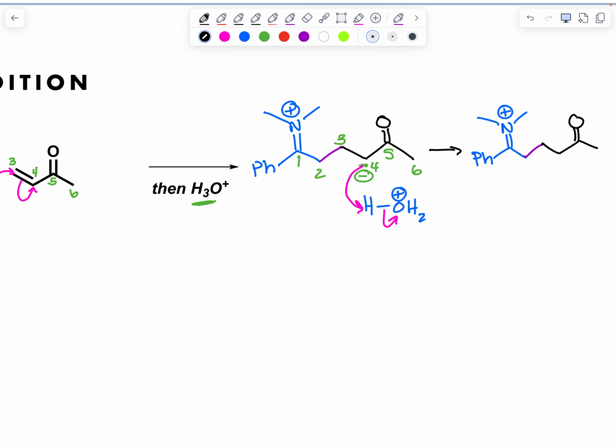Just like we would call a carbon a primary carbon if it has one carbon attached, an amine with one R group attached is going to be a primary. And we have nitrogens that have 2 R groups attached. They're going to be secondary amines. I bet you can guess what they're called if they have 3 R groups attached. Tertiary amines.